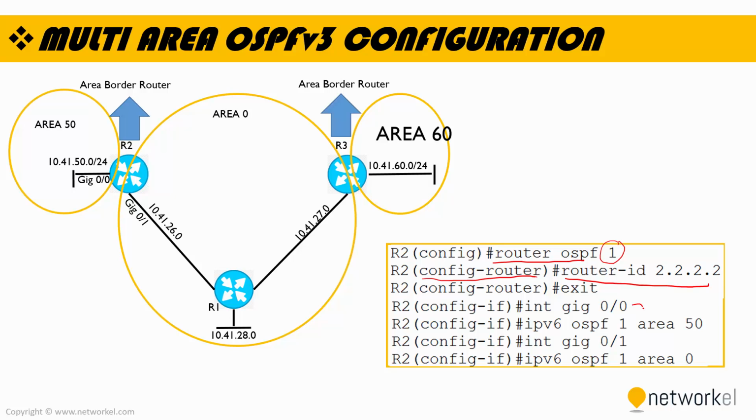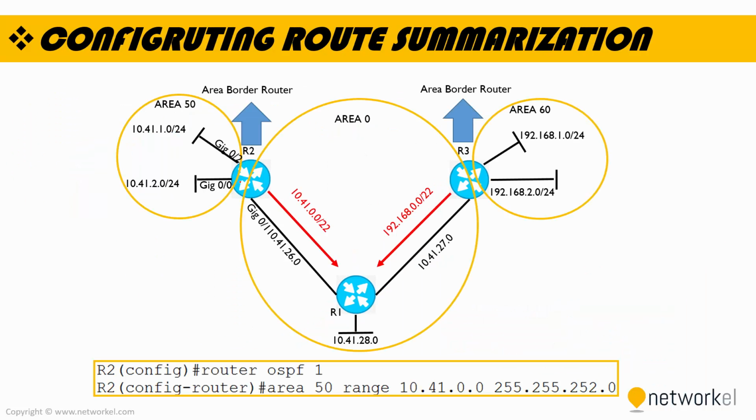And then we get into the interfaces and enable OSPF for them using the correct area numbers. As you can see here, gig 0/0 is in area 50 and gig 0/1 is in area 0.